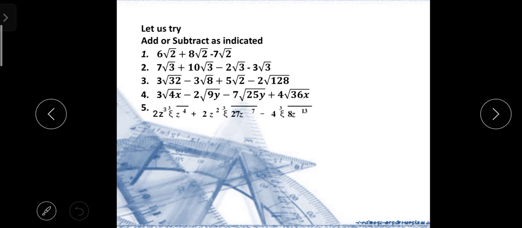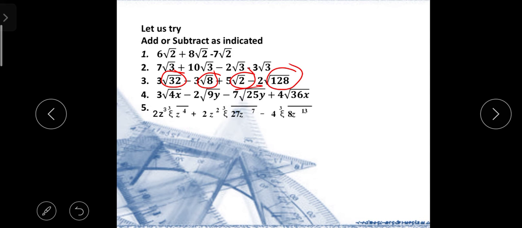Okay. So, we have number 3. 3 square root of 32 minus 3 square root of 8 plus 5 square root of 2 minus 2 square root of 128. Ito, magkakaiba siya. Kaya ang gagawin natin is ifa-factor natin lahat nung square root sa loob.